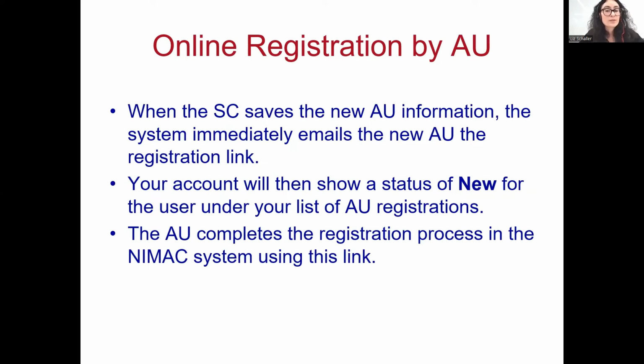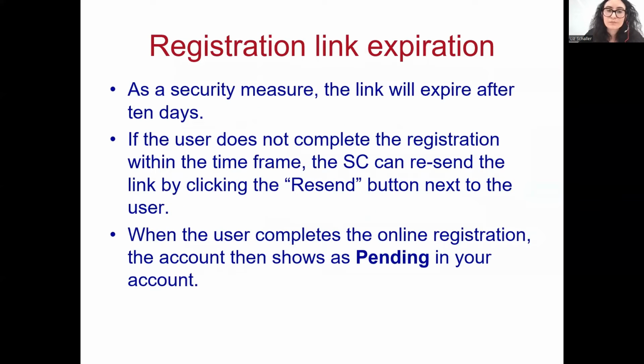When you save the new authorized user information in the system, they'll immediately receive an email with a registration link. And like I said, then they'll show as under the status of new in your account. And one thing that's important to note here is that as a security measure, that link does expire after 10 days.